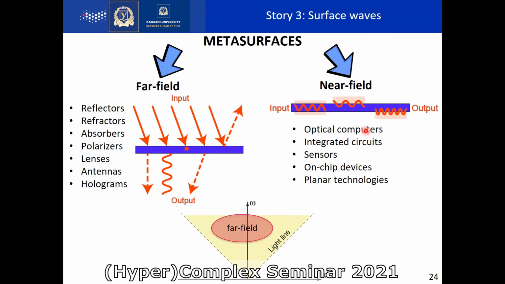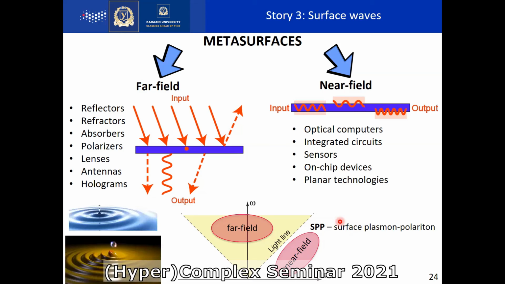However, for some tasks such as integrated circuits, sensing, on-chip devices, and any other planar technologies, one needs to control light over a surface, almost in two-dimensional space. And in this case, we should go under the light cone to the so-called near-field spectrum, which gives us the localization.